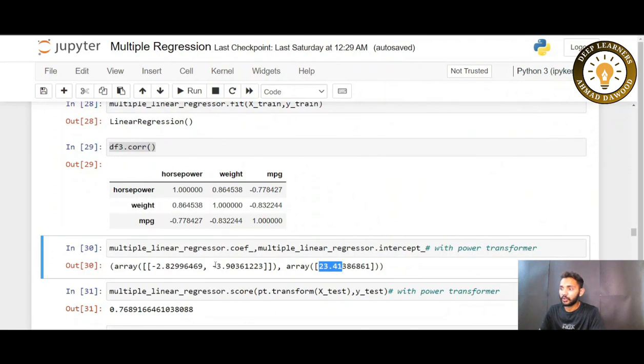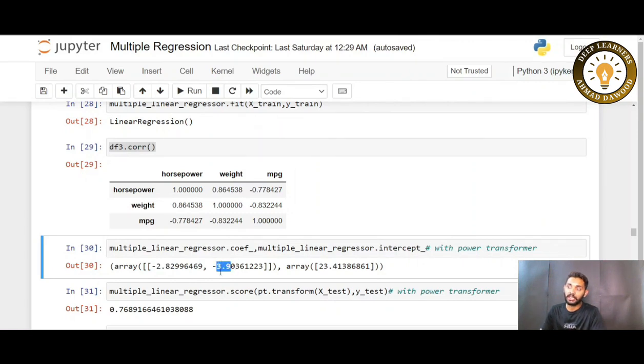From this you can also analyze that we have a negative correlation, so the coefficient values are also negative. And from the strength, you can see the weight. In the correlation, weight has an 83% relation with miles per gallon, while horsepower has 77. In the same way, horsepower has strength 2.8 and the weight has 3.9.